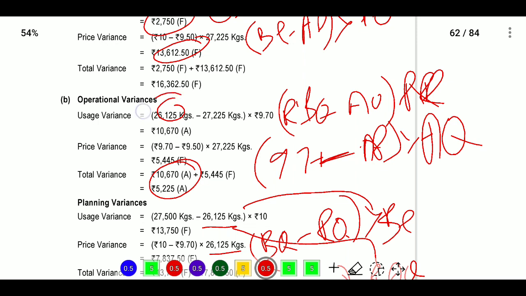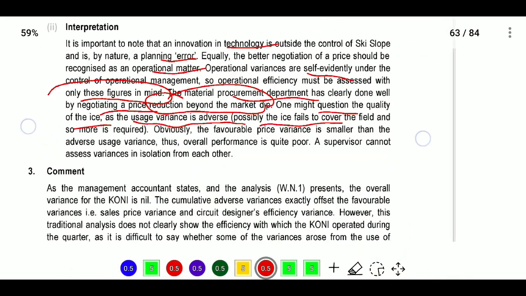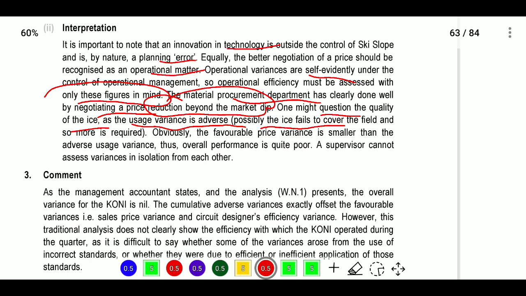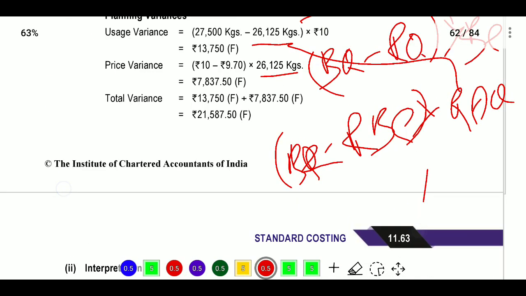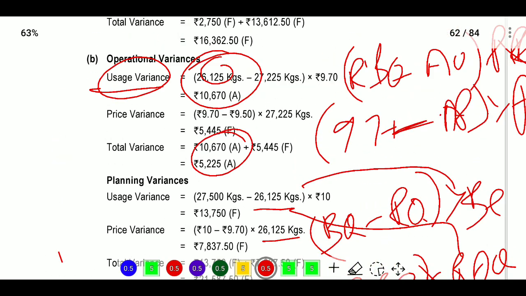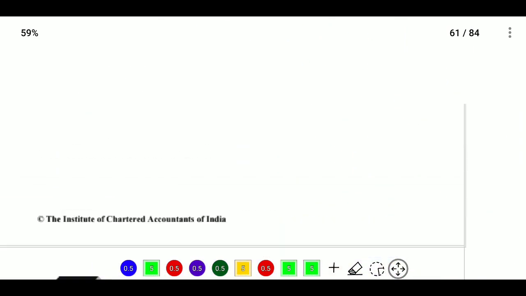In the operational variance, usage is adverse, that is the material quantity variance is adverse, so you are using the quantity in a cheap way, so it may affect the product. And the favorable price variance is smaller than the adverse usage variance, so overall performance will be quite poor. A supervisor cannot assess variances in isolation from each other. So if you see overall it was adverse only, so it is not good, it is in poor condition.